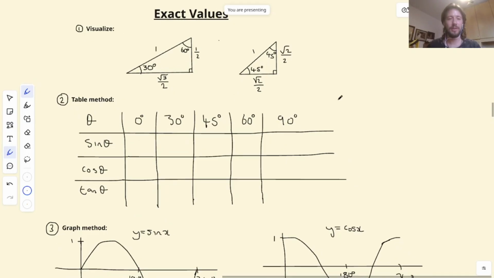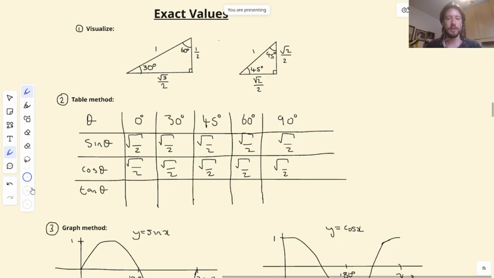So, a very common way to remember the exact angles is to write a table like this. What we then tend to do is put a divided by 2 sign on each of the rows. Then we put a square root on the top number.